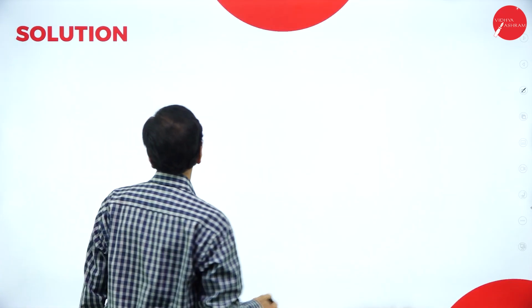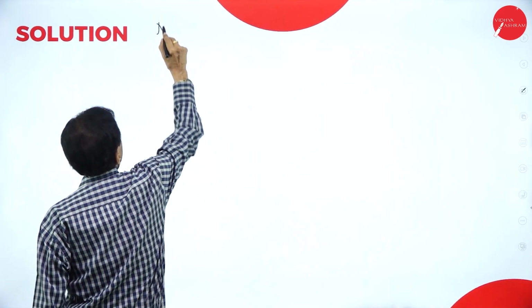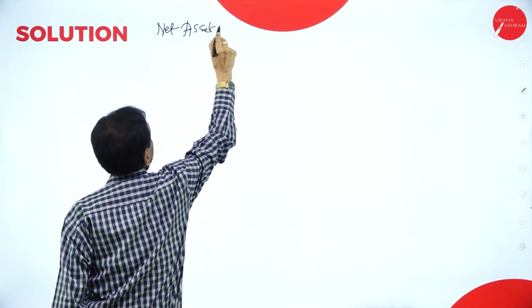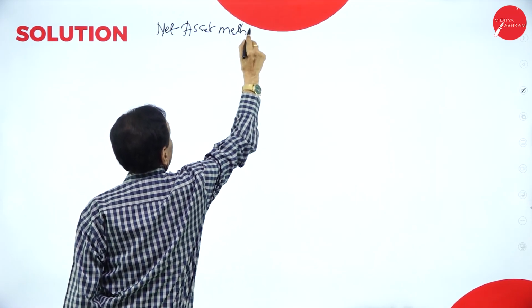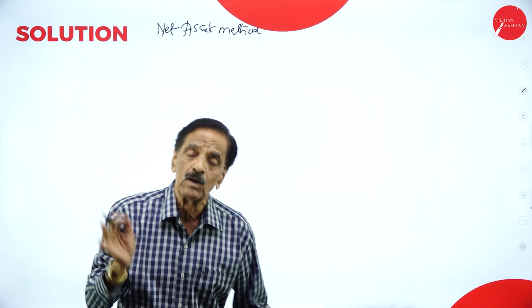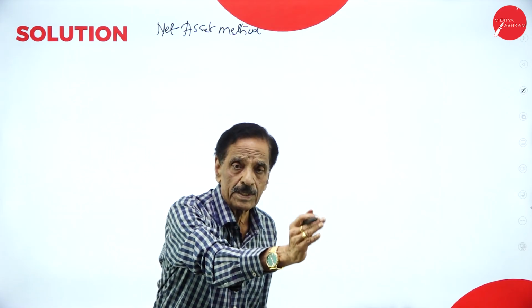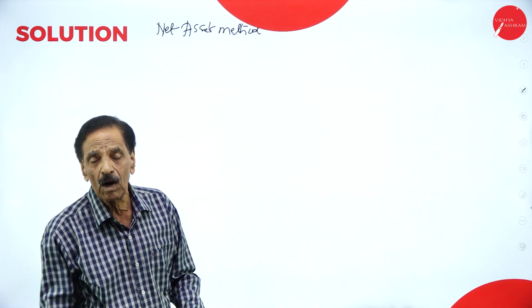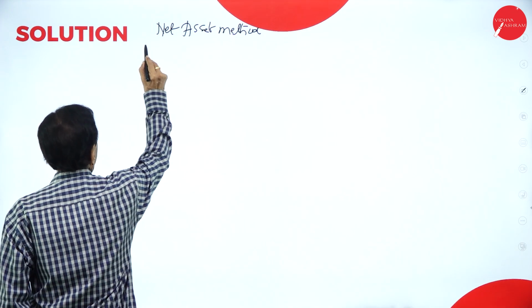We'll go to net asset method. I already told in the last problem, first we have to calculate capital employed. What is capital employed? Total asset minus total liability. We have to take book value or market value.